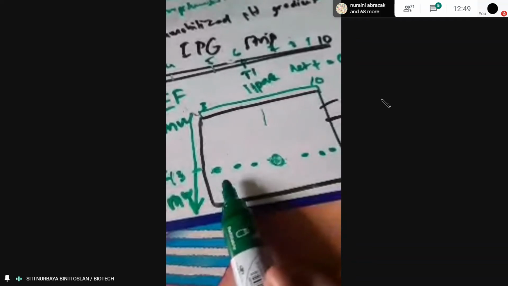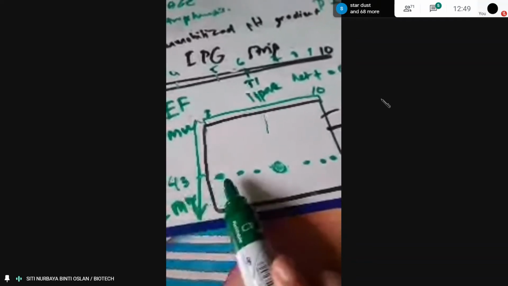But imagine, for example, if we illustrate this, we may have protein here, protein here, protein here, here, and here, and here. So can you imagine they all have similar molecular weight, which is 43 kilodalton.